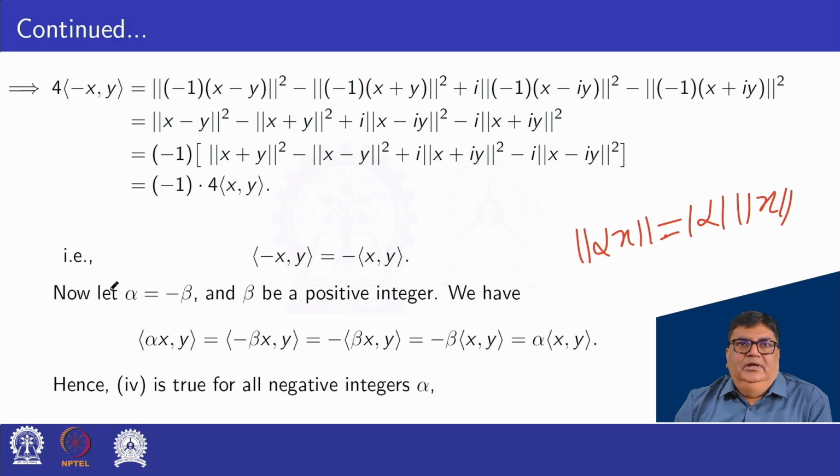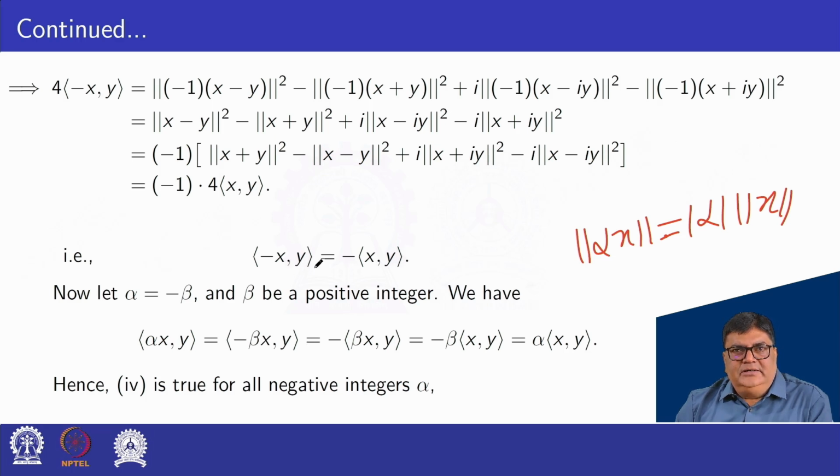Now let alpha be equal to minus beta, where beta is a positive integer. Now inner product of alpha x, y equals inner product of minus beta x, y.